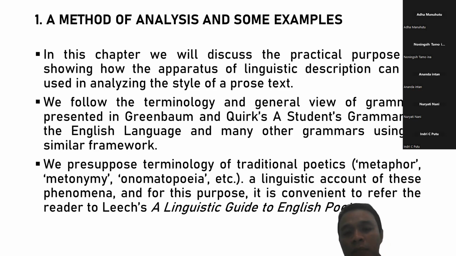Besides that, we have the comparison, or the distinction, between the terminology and the terminology of traditional poetics in considering a method of analysis and some examples in the styles of prose text.